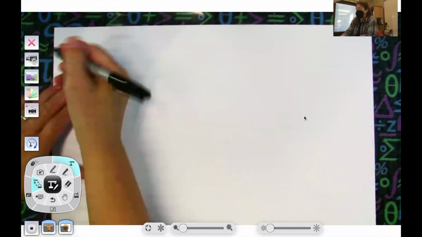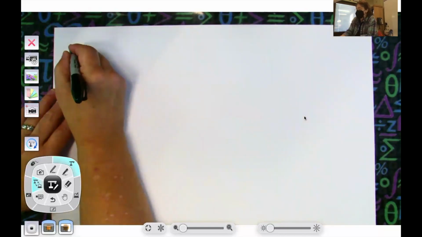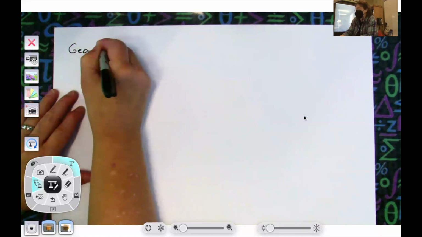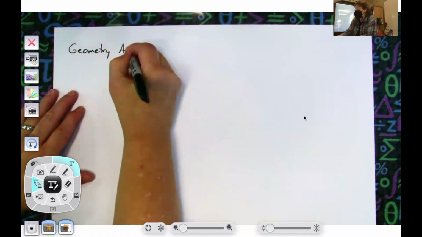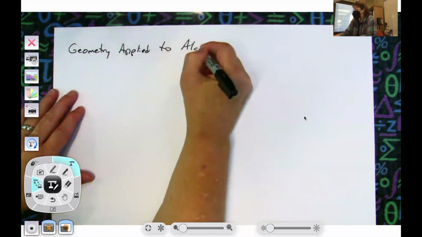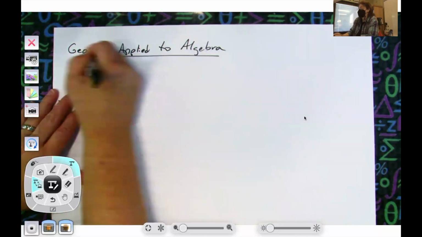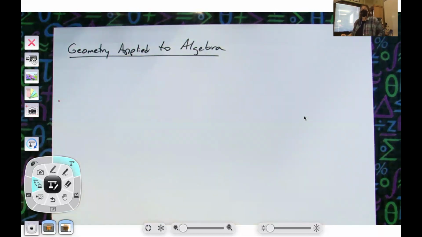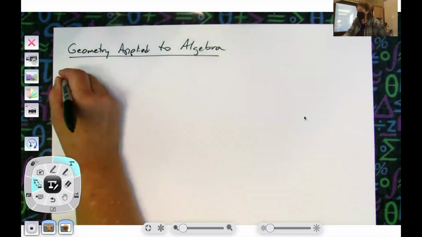So let's call this geometry applied to algebra. Hopefully from middle school, you have a basis of a little bit of geometry. Let's do a couple of these.